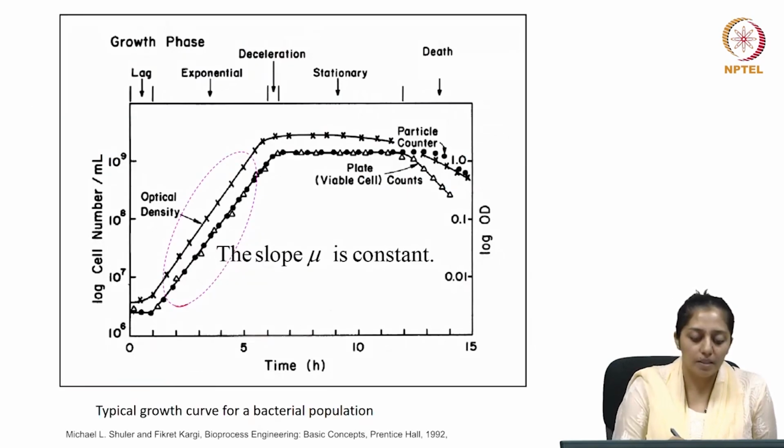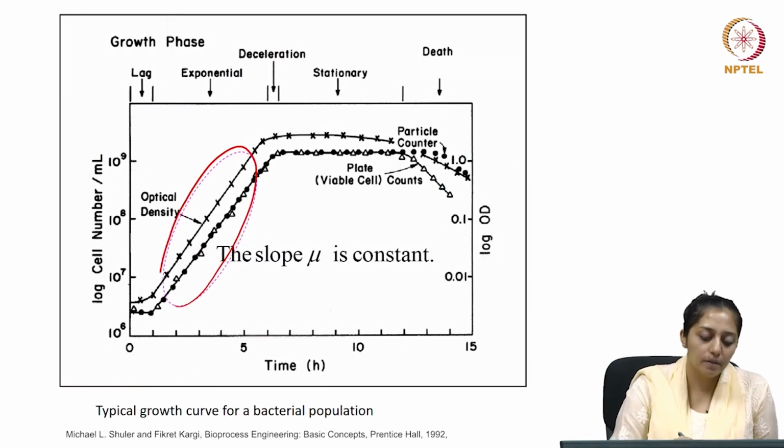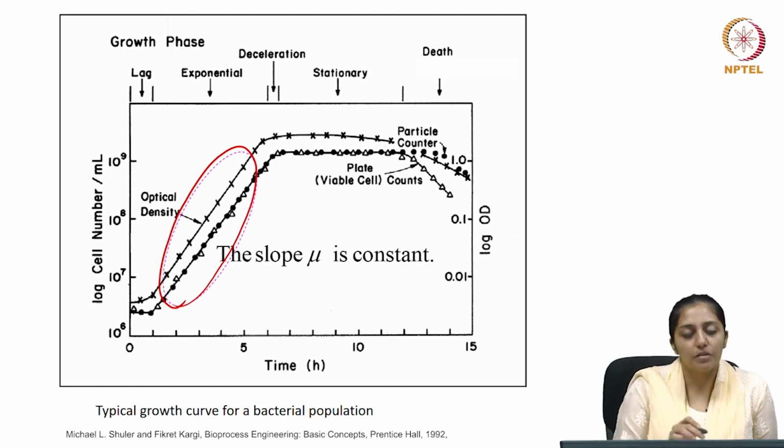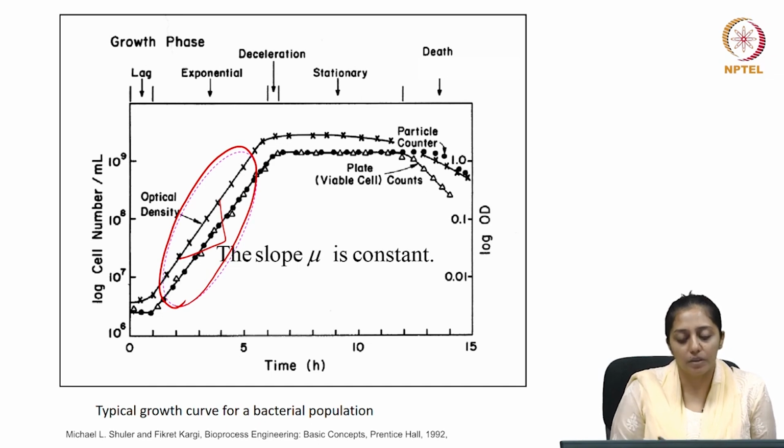Now, you can see the dotted curve. This is the region which demonstrates constant slope. If you make a plot of log cell number versus time, during the exponential phase, this is an inclined straight line with a constant slope, and it is showing the maximum slope in the growth curve.